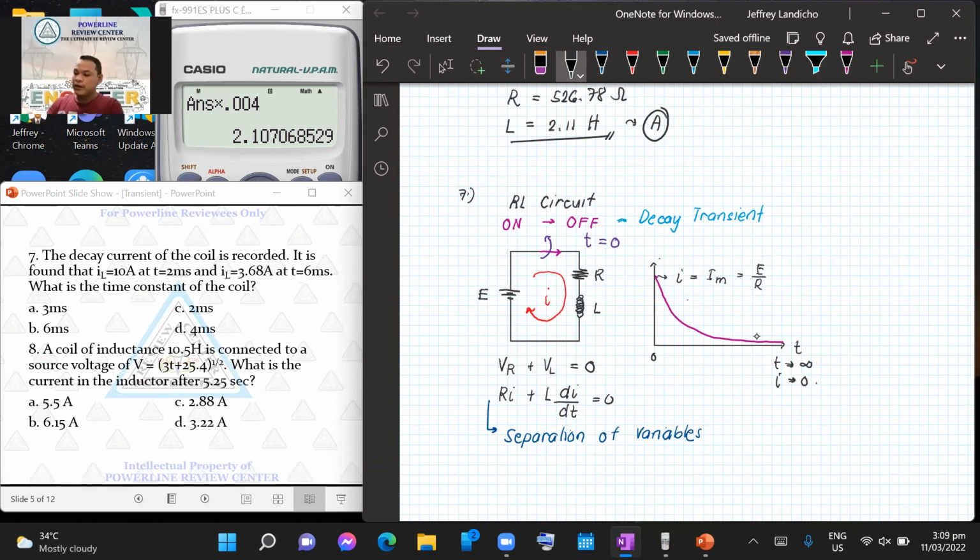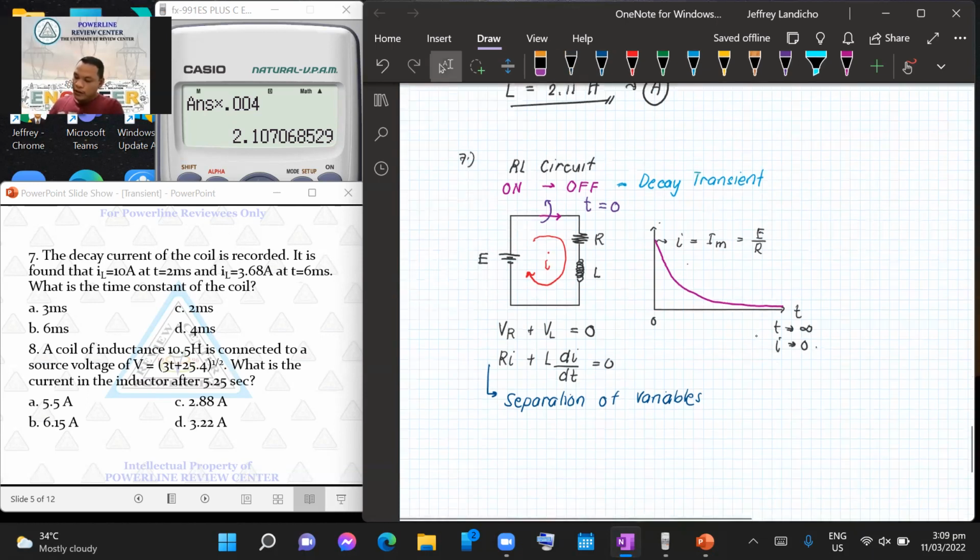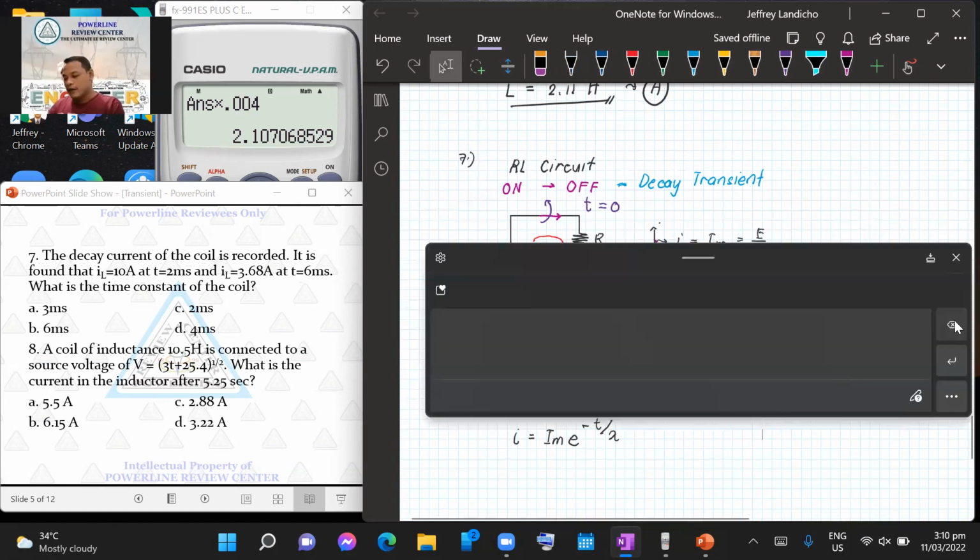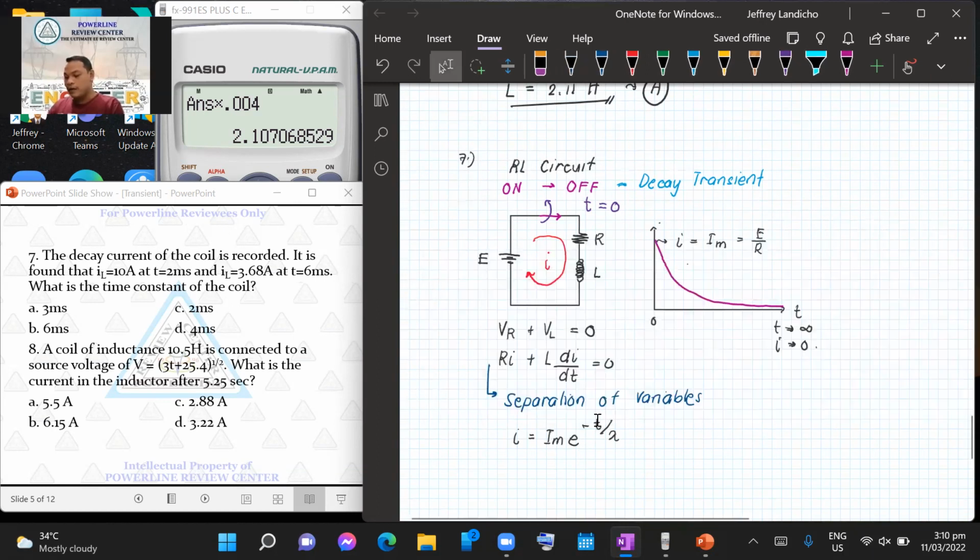Therefore, using that initial value, we will see that the decay current in this given circuit is always equal to the maximum value of current times e raised to negative t over lambda. That would be the equation for our decay current.